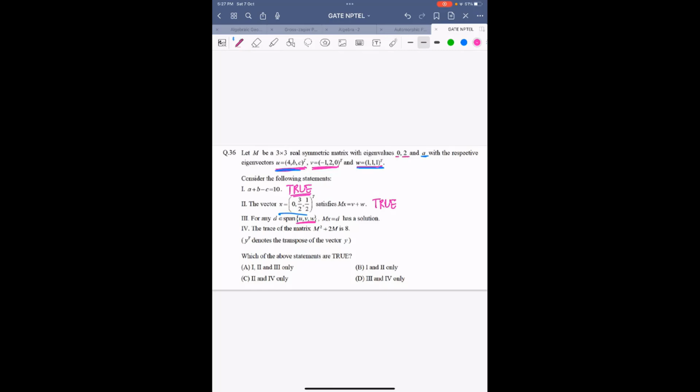First see that v and w are linearly independent. This is easy to see because they are not scalar multiples of each other. And u and v, and u and w, are linearly independent because they are eigenvectors corresponding to distinct eigenvalues. So they are all pairwise linearly independent, and so they are all linearly independent.